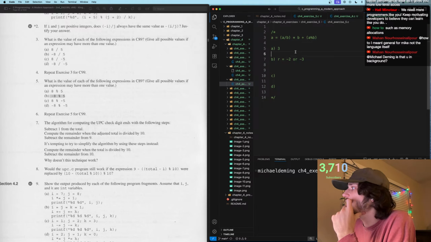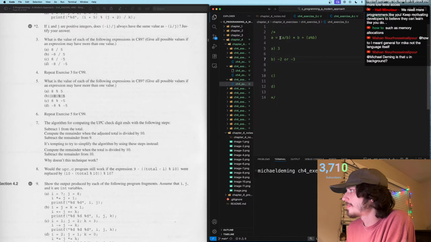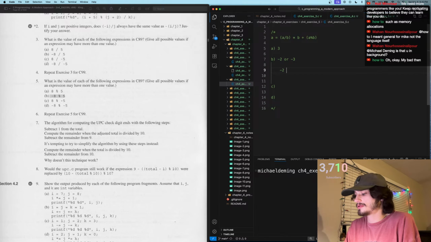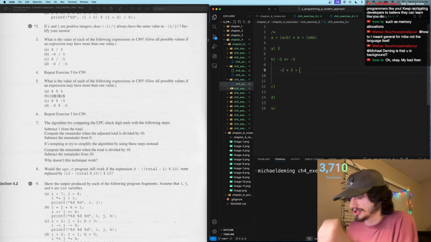Oh, so that would be this here, -2 or -3, plus the remainder times B. And so if B is 5, what would it be like? It'd be -2 times 5 plus the modulo now. Oh, I'm trash at this.